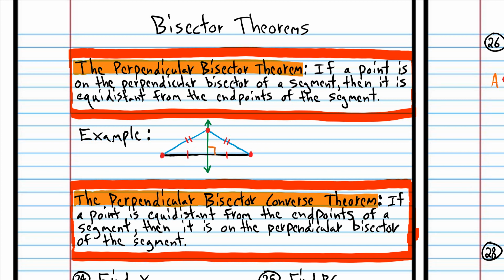That green line there, perpendicular bisector. Now this point is on the perpendicular bisector. If a point is on the perpendicular bisector of a segment, then it is equidistant from the endpoints of the segment. That's it.